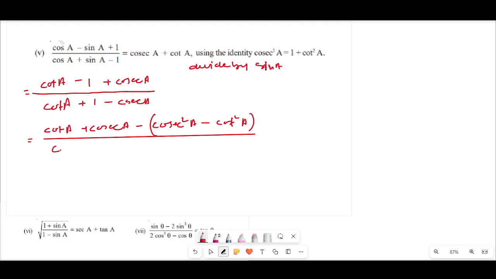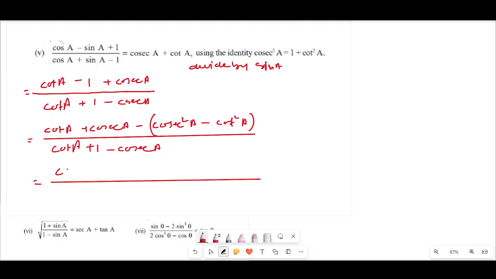Now cot a plus 1 minus cosec a, then we should simplify it. Here we can write cosec a plus cot a into cosec a minus cot a, because a square minus b square.